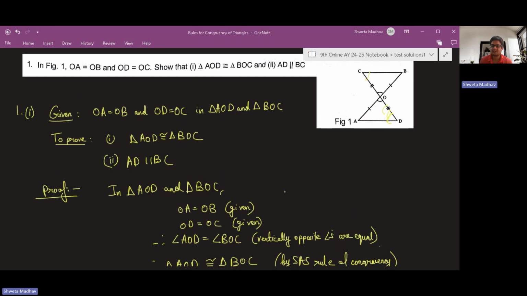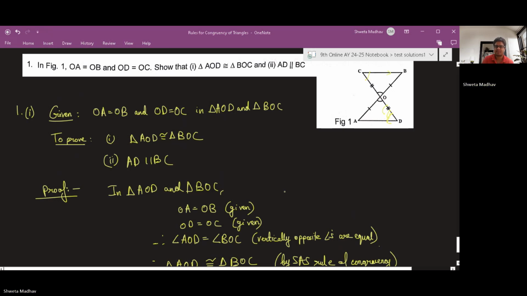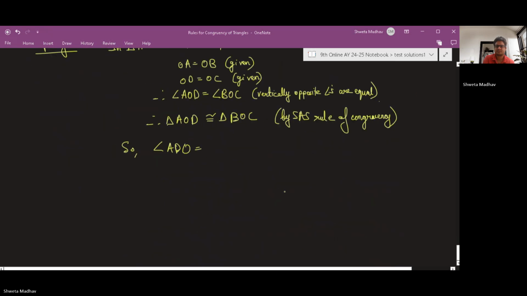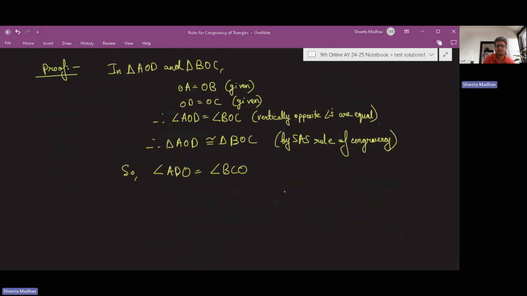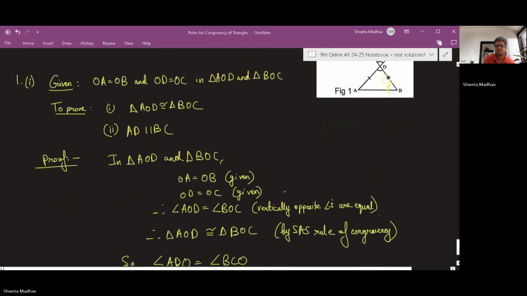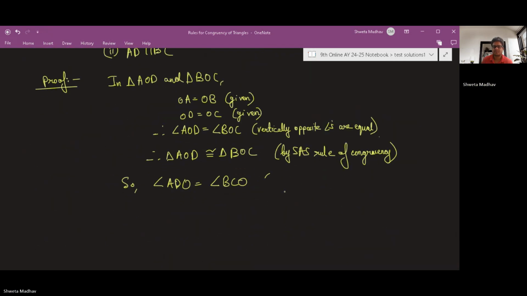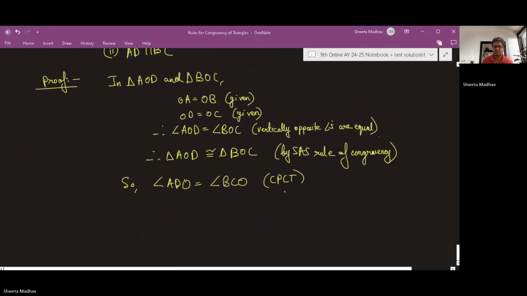Now since these two are alternate interior angles, and DC is the transversal, BC will be parallel to AD. So angle ADO is equal to angle BCO by CPCT.